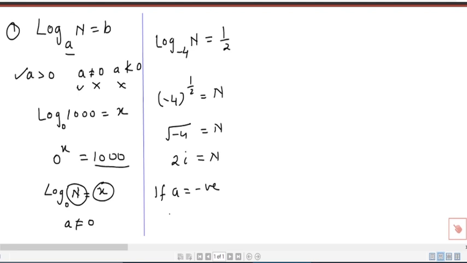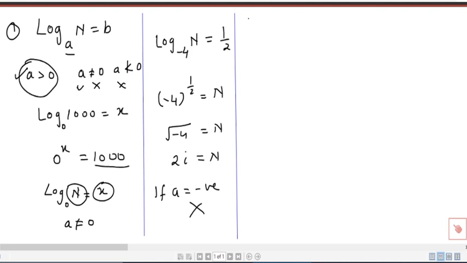In case we get an imaginary number, then the function will not be real. Okay, because log is also a function, and we will talk about log as a function later on. So a cannot be negative. This leaves us with only one case, which is a greater than 0.